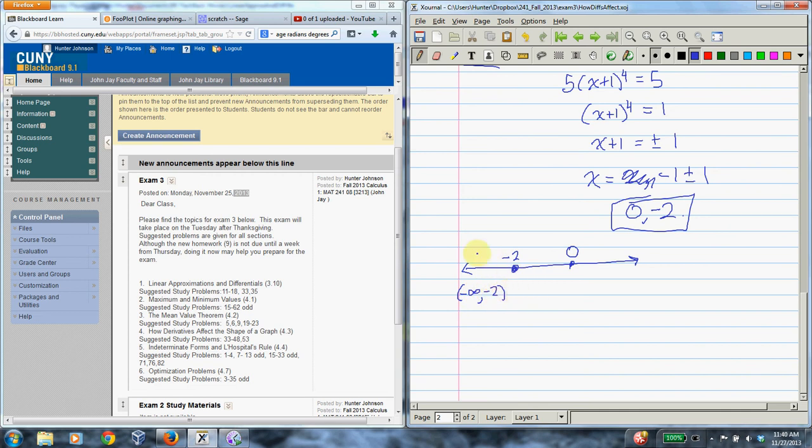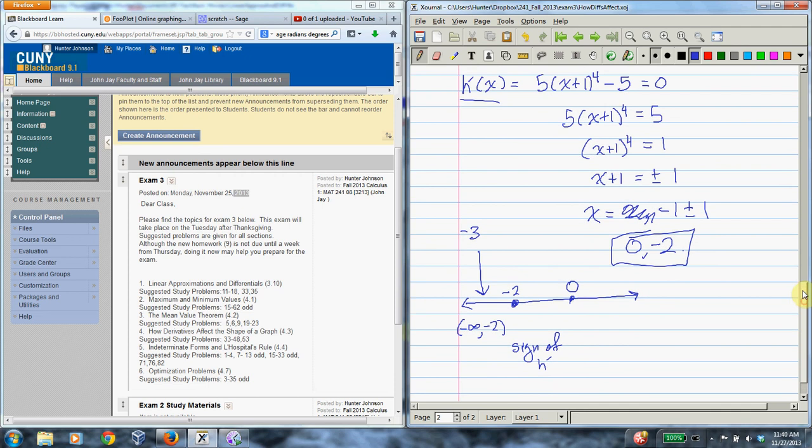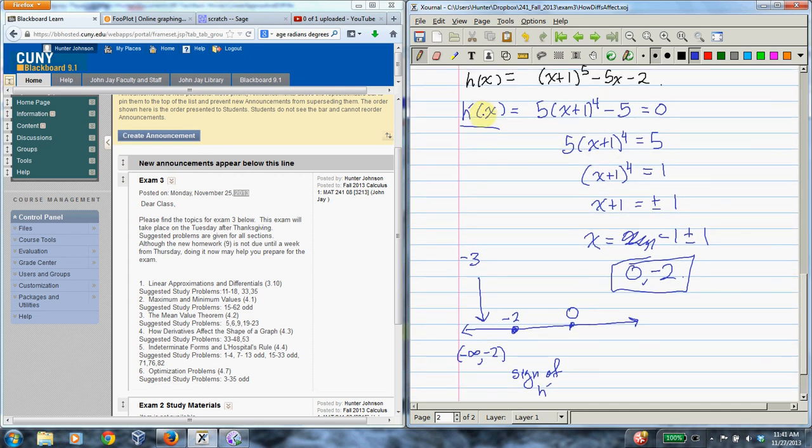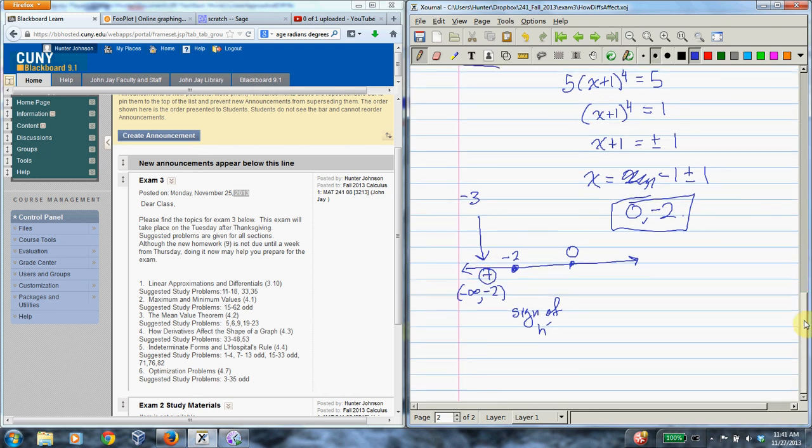Okay, and so what is f prime doing in there? So the sign of f prime, in this case h prime, sorry I'm saying silly things, you could test that by plugging in, let's say -3 is in there. So what happens when you put -3 into h prime? You get 2 here, right? And this part's going to be bigger, so it's going to be positive. So on this part, h prime is going to be positive. And what's going on in here? Well, you can just test a point, and an easy test point in there is -1.